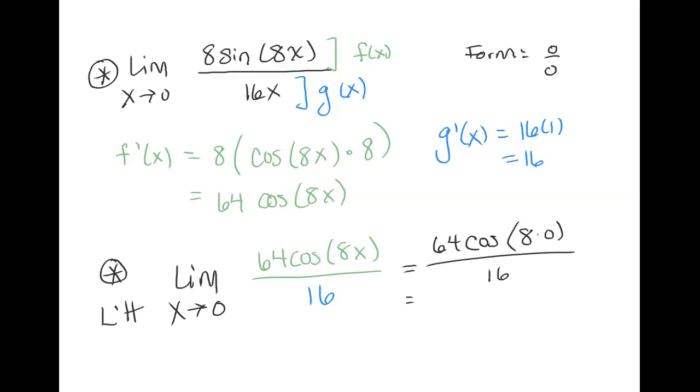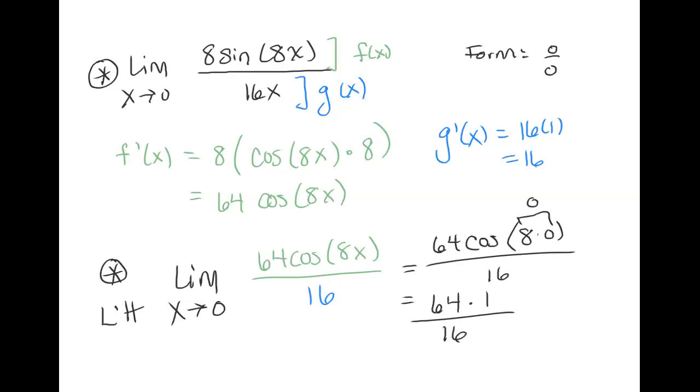What is this equal to? Yes, that is correct. 64 times the cosine of 8 times 0, which is cosine of 0, which is 1, over 16.